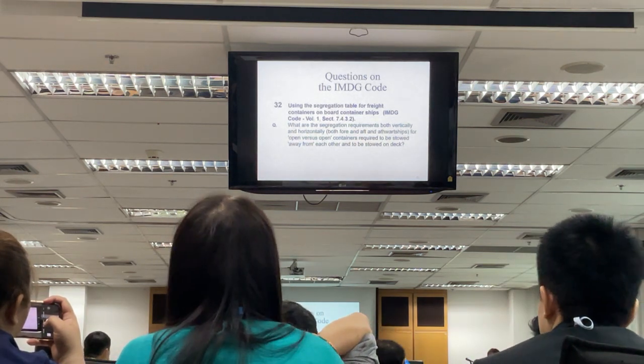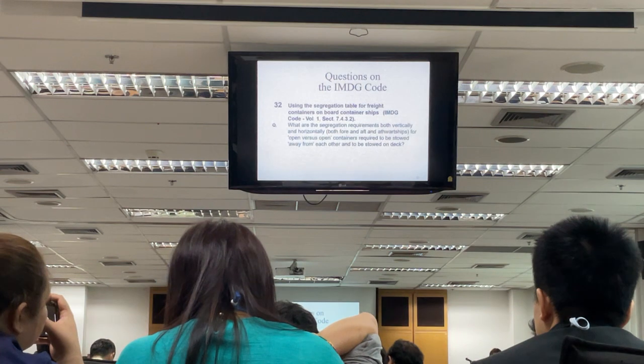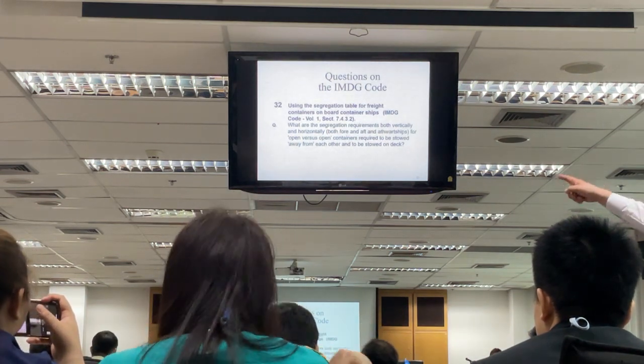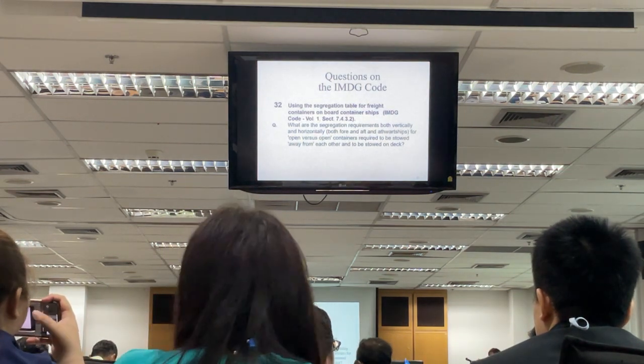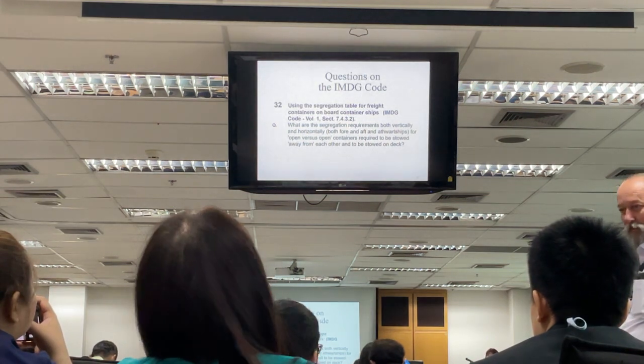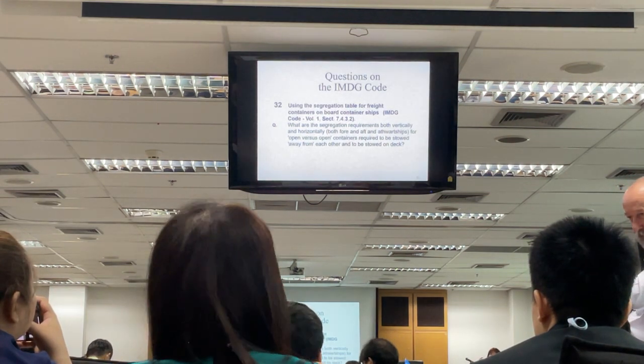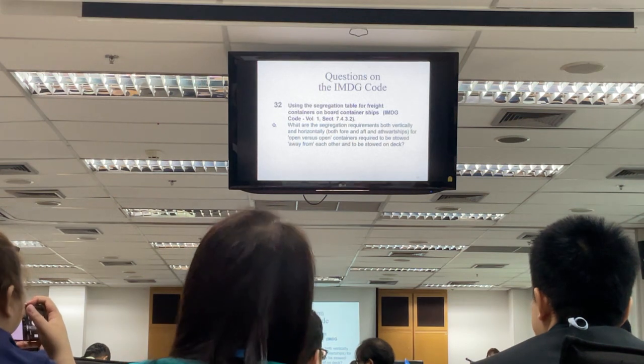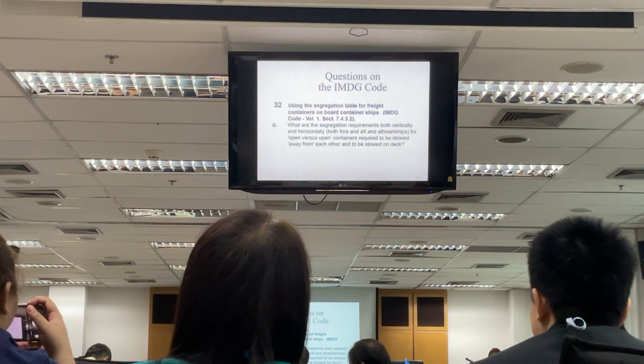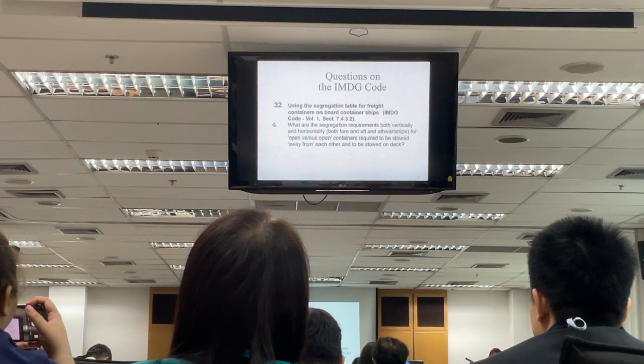Which part was that? Do you remember? It is already given here. You see, section 7.4.3.2. The table is for container ships. Open that table, please. I will just lead you on that.